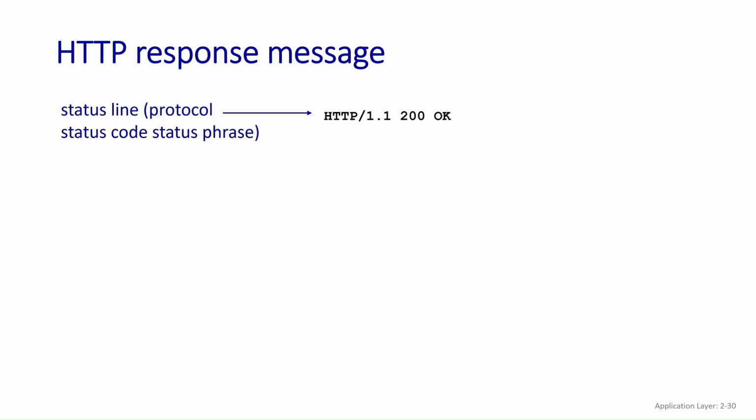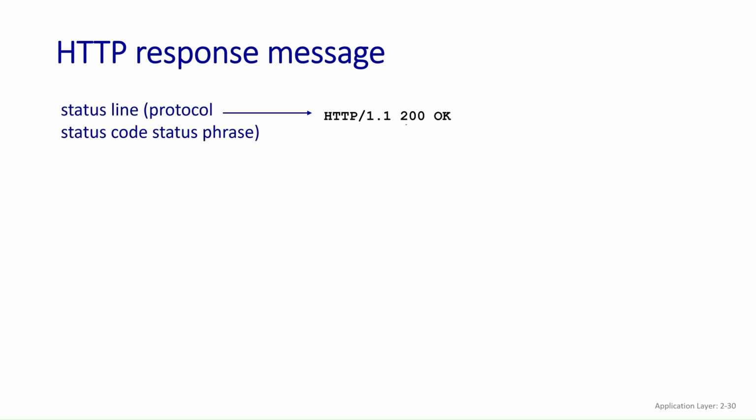Okay, so once we are done with the HTTP request, obviously we'll receive a response. Similarly, a response also has a syntax and semantics. So first of all, here we have the status line. Remember, in the HTTP request, we had the request line. So we have the HTTP variant first, and then we have the status, right?